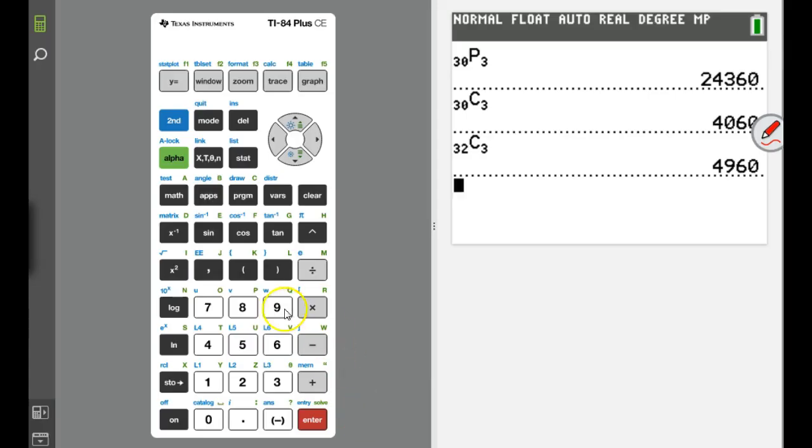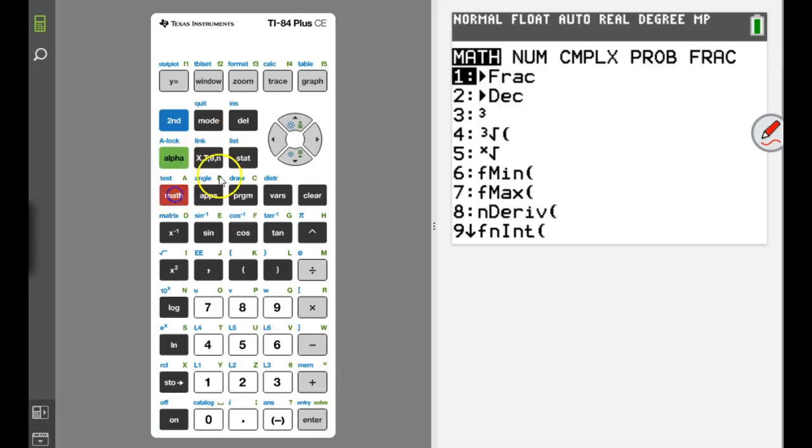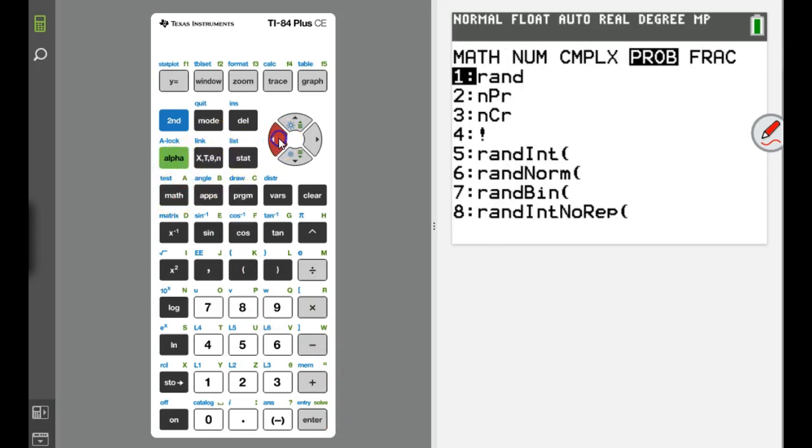By the way, this is actually called 8 factorial when you multiply 8 on down. All right, so real quick, on your calculator, under the math menu, it's number 4.